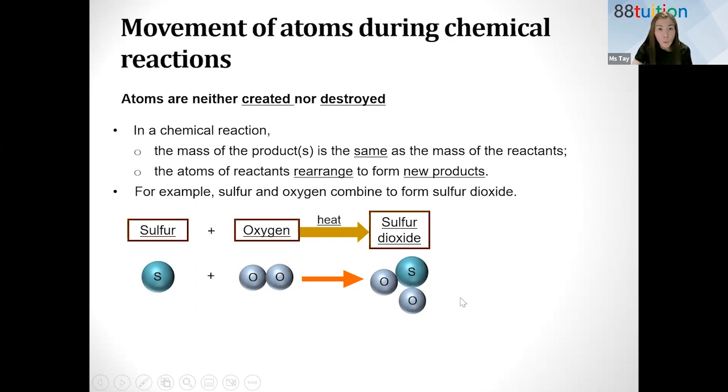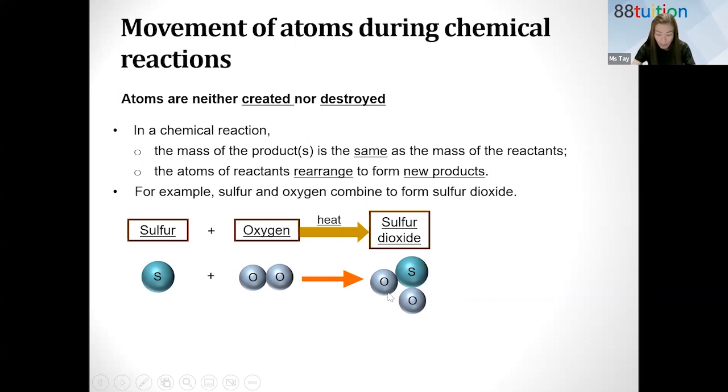You don't have to worry about what will break, what will form, or how they will look when they form. Not yet. At your level, you don't need to know all this. Haresh, are you falling asleep? No, good. So we have 1 sulfur atom in the beginning and 2 oxygen atoms.